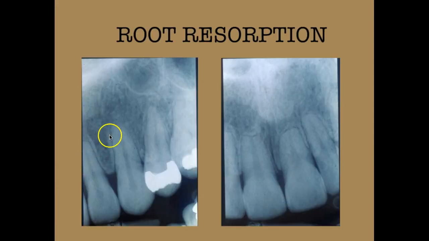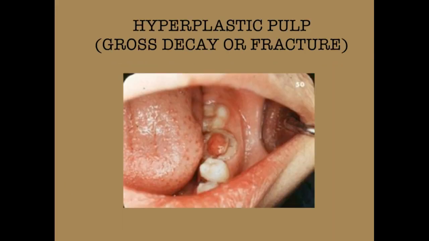Root resorption, where in a radiographic image you would have blunt root tips. Sometimes this is caused by trauma. It could be caused by orthodontic treatment in which the teeth were moved too fast, and didn't have time for that tension, which cues the osteoblasts, and in this case the cementum and dentin, to re-establish themselves.